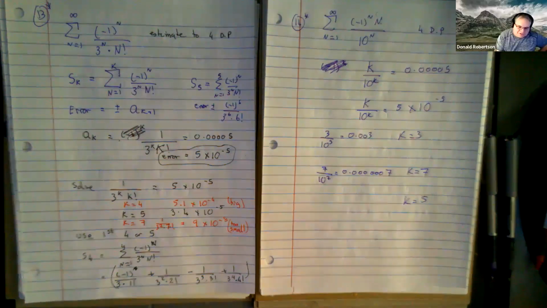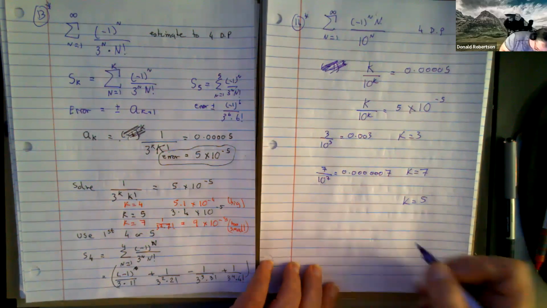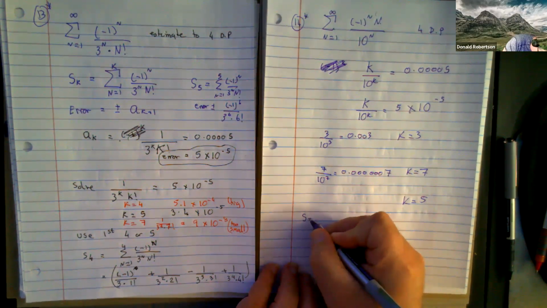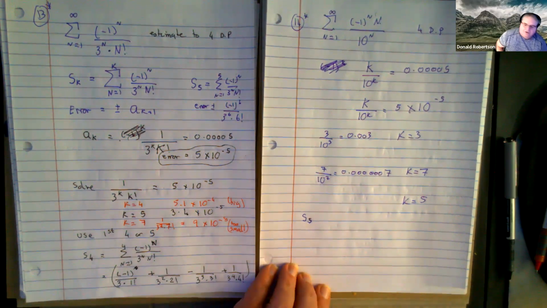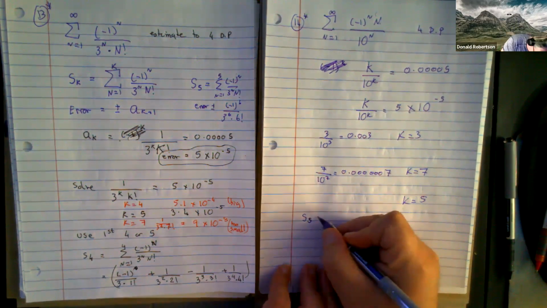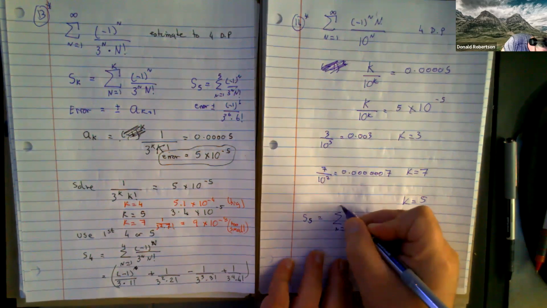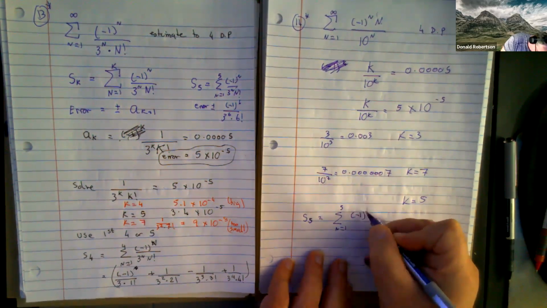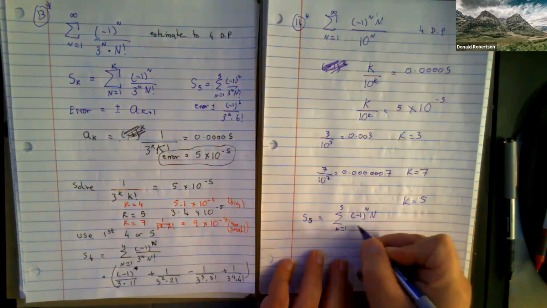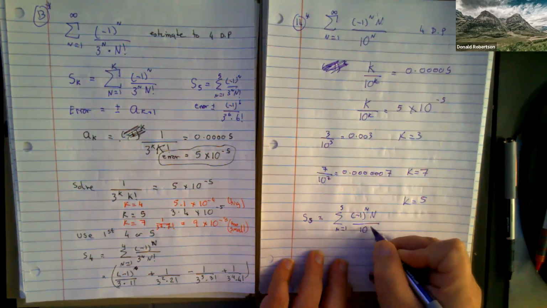So since this one's a relatively easy one to calculate, S5 should work. So S5 is the sum from n equals 1 to 5 of -1 to the n over 10 to the n.